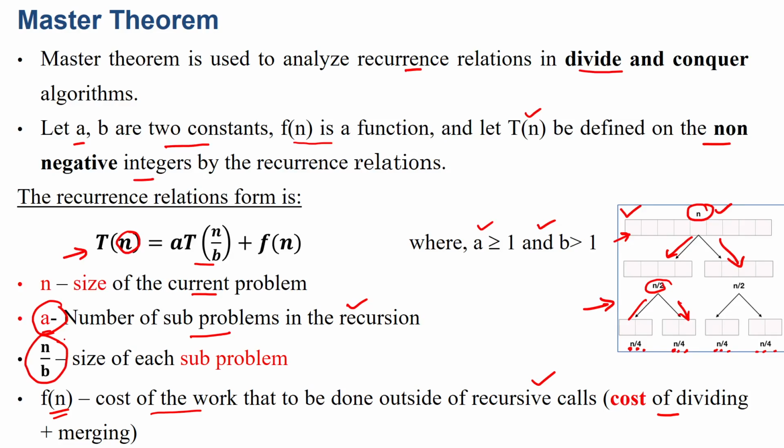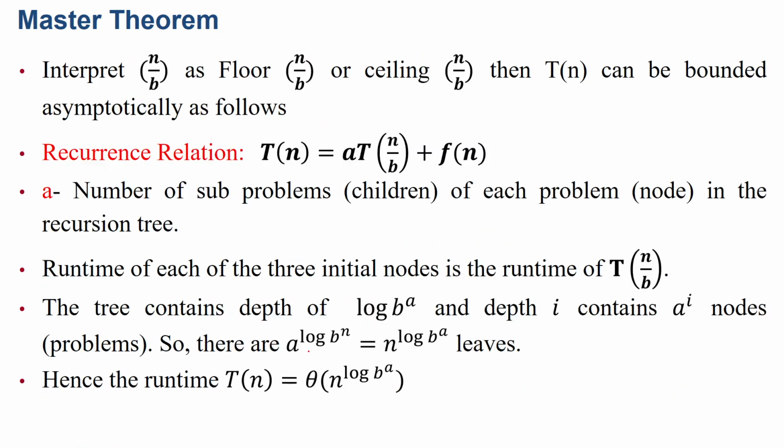Here the n by b term is the size of each subproblem, so we will interpret n by b as a floor value. Then T of n can be bounded asymptotically as T of n equals a times T of n by b plus f of n.